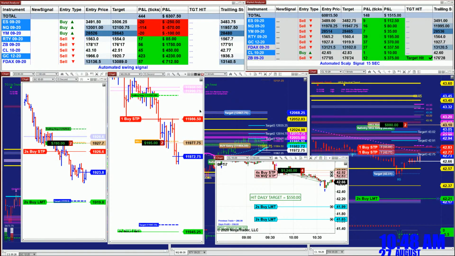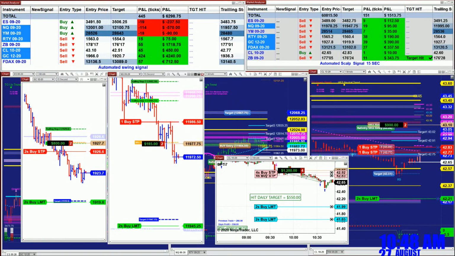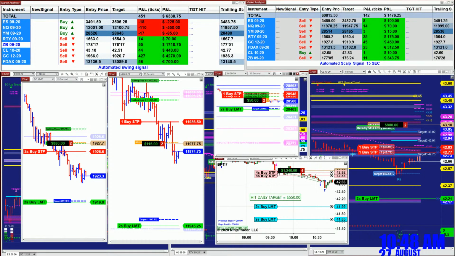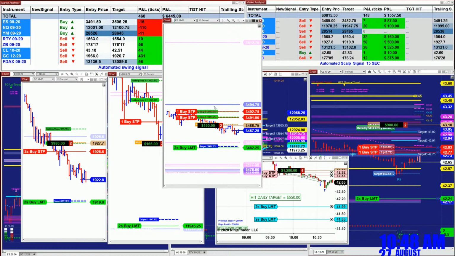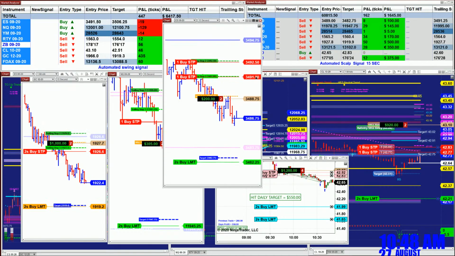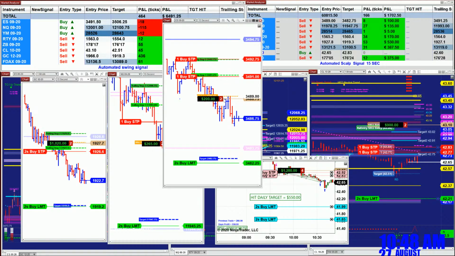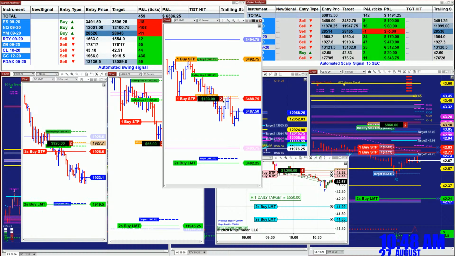I will give it a little room to breathe, and then on the YM, still flat in a way. ES, a very small trade on the ES. It's not even worth trading. It's a very small trade, but we're gonna secure it immediately at break even.